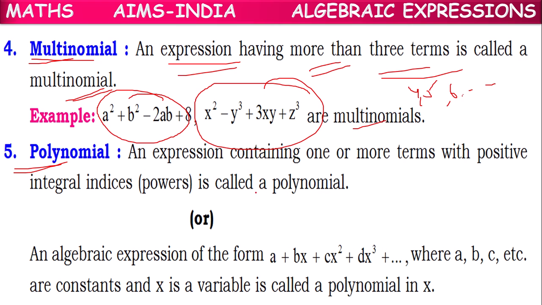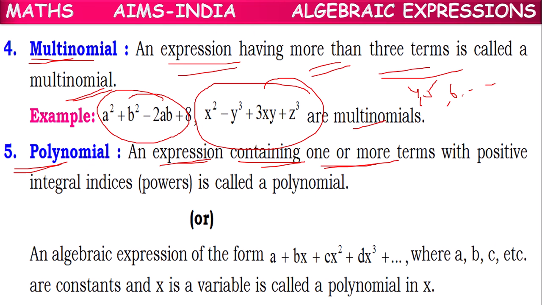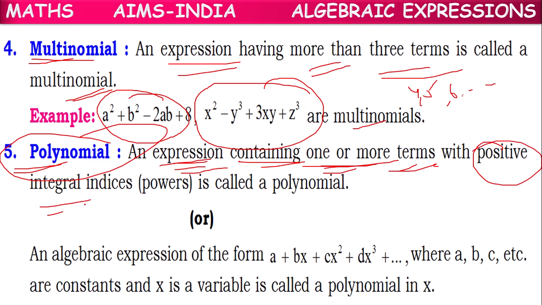Polynomial. Polynomial means an expression containing one or more terms. All these are examples of polynomials, one or more terms. Monomial, binomial, trinomial, multinomial, all are examples of polynomials. But the condition is that the expression contains one or more terms with positive integral indices or powers or exponents.